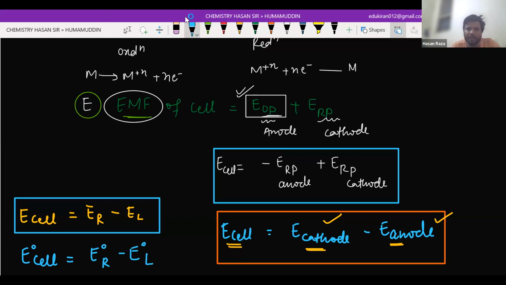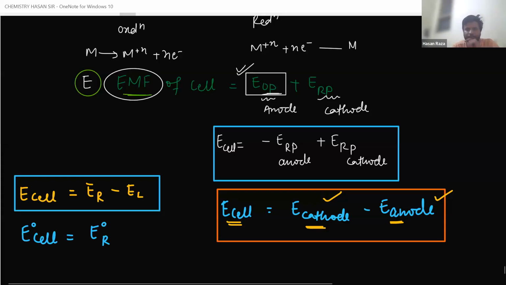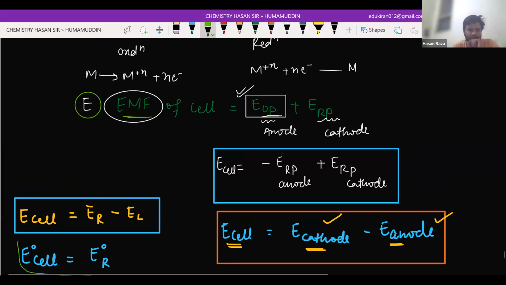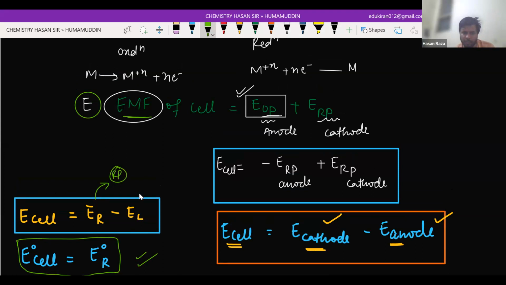I will give some examples first. Always remember that both of these are reduction potentials. R is for right, which is the cathode, and L is for left, which is the anode.